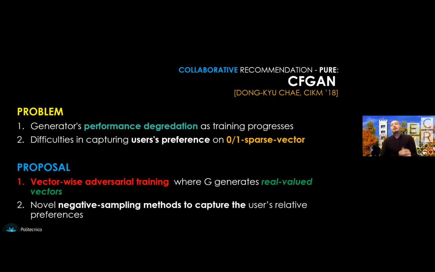This degradation is due to the fact that the IRGAN generator is producing one discrete item index for each iteration. That is completely different from the computer vision scenario in which we generate with our generator a whole image, let's say a whole vector.